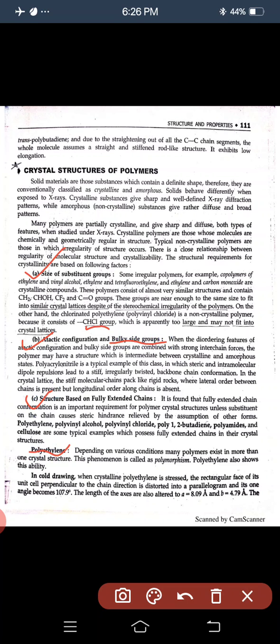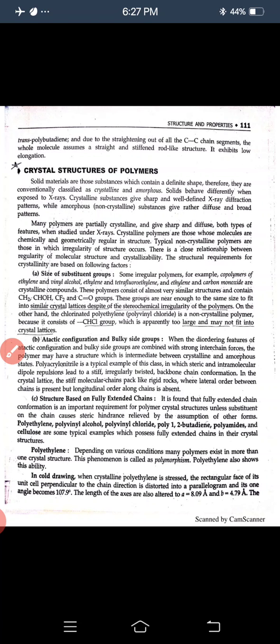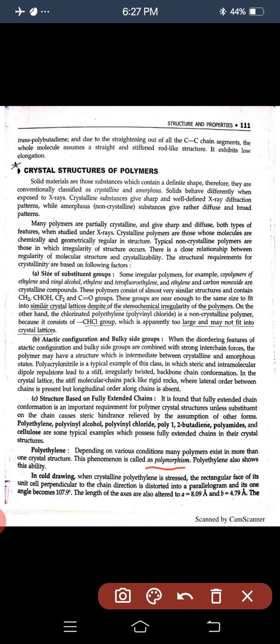Polyethylene. Depending on various conditions, many polymers exist in more than one crystal structure. This phenomenon is called polymorphism, and polyethylene shows this type of ability. In cold drawing, when crystalline polyethylene is stressed, the rectangular face of its unit cell perpendicular to the chain direction is distorted into a parallelogram and one angle becomes 107 degrees 9 minutes. The lengths of the axes are also altered.